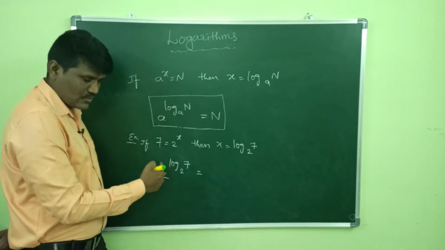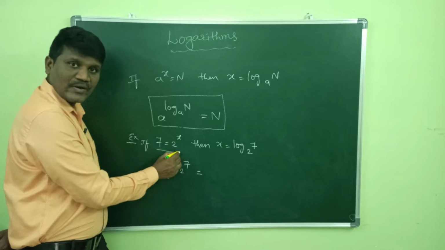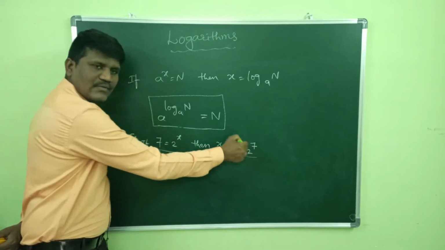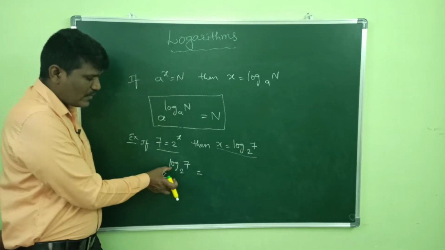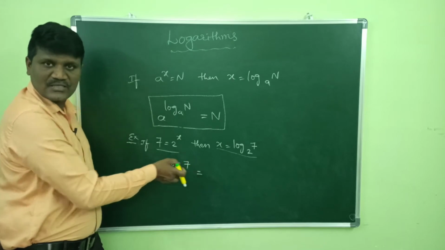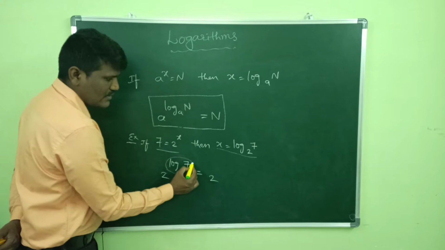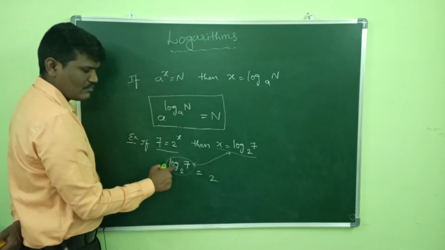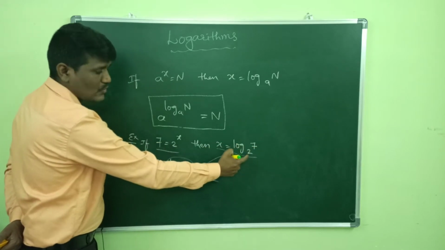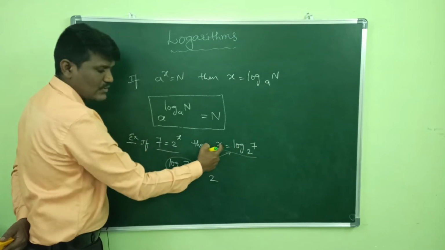So we know that 7 is equal to 2 power x and also x is equal to log 7 to the base 2. So in 2 power log 7 to the base 2, the exponent log 7 to the base 2 is equal to x.